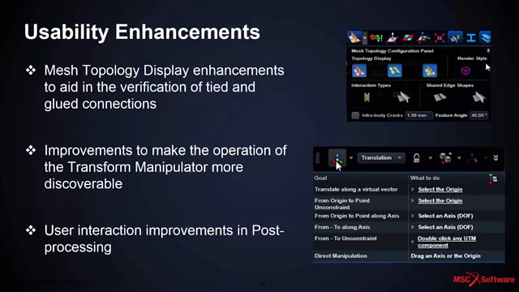things like glued connections and edge-tied connections would show up as red as if it were free, which it's really not. It's really connected. So we've greatly enhanced the topology display to consider additional connections other than just a congruent finite element model. We've also made some improvements to the transform manipulator. The transform manipulator in Apex is very powerful in terms of translating and rotating.